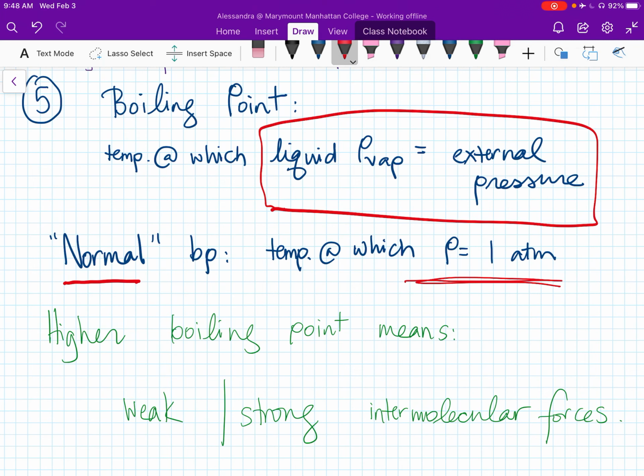This is because boiling point is very dependent on external pressure. Okay, so if you're at sea level, like in New York, you have basically normal boiling points. But if you go up, for instance, to very high altitude in the mountains, you are reducing the atmospheric pressure. And by reducing the external pressure, you're reducing the boiling point as well.